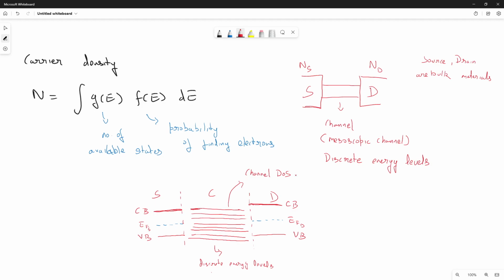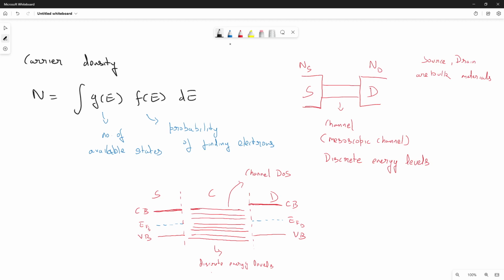Now, just by using your logic, tell me when conduction will occur. When will an electron start from the source, move through the channel, and go to the drain? When we apply a potential. When there will be a difference of Fermi levels in the source and the drain.